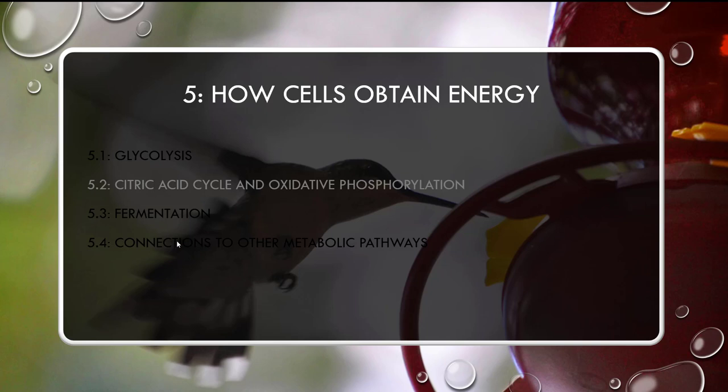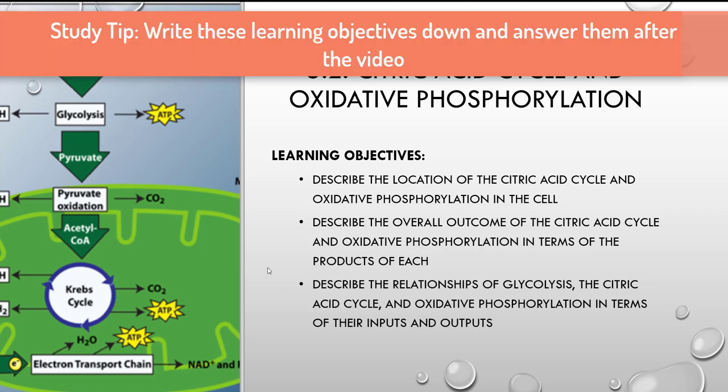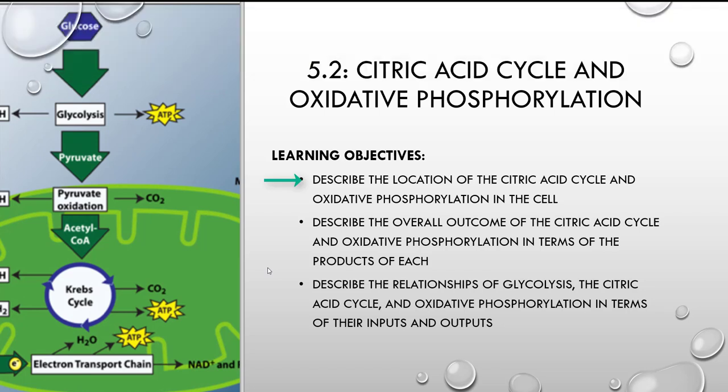So by the end of oxidative phosphorylation, we will have extracted enough energy to basically get anywhere from 32 to 36 ATP from that one single glucose molecule. So by the end of this video, you will be able to describe the location of the citric acid cycle and oxidative phosphorylation in the cell.